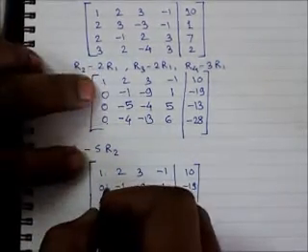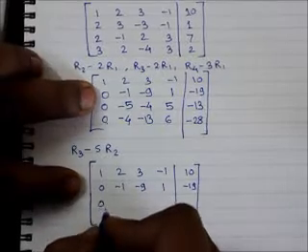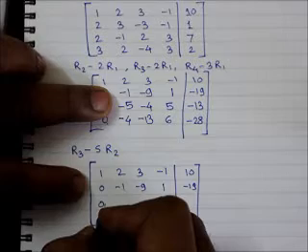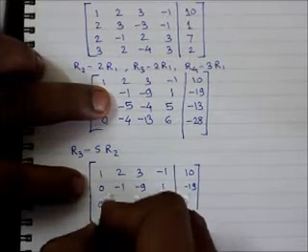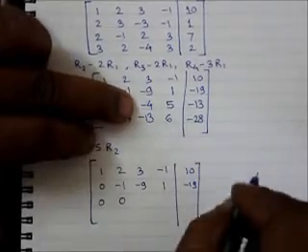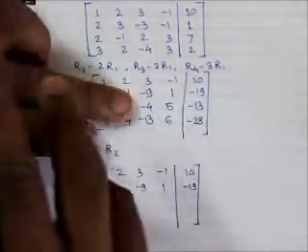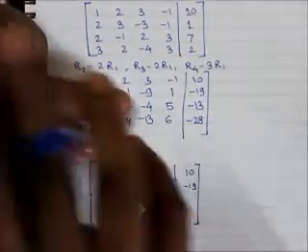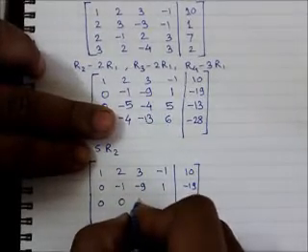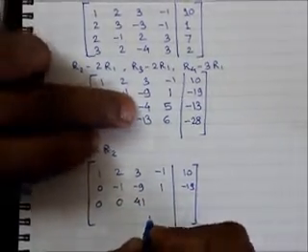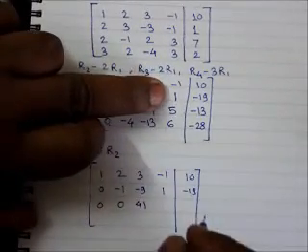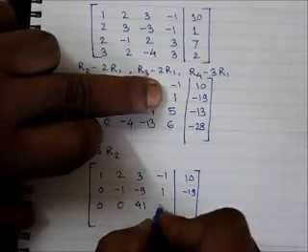Next is 0 minus 5 into 0, this remains 0. Minus 5 minus 5 into minus 1, so minus 5 plus 5, this becomes a 0. Minus 4 minus 5 into minus 9, so minus 4 minus 45, minus 4 plus 45, that gives you plus 41 over here, and 5 minus 5 into 1, so this gives you a 0.